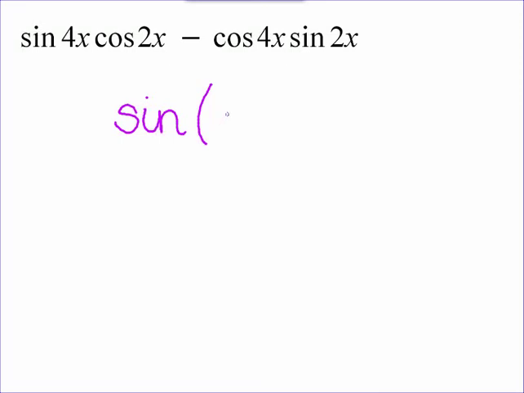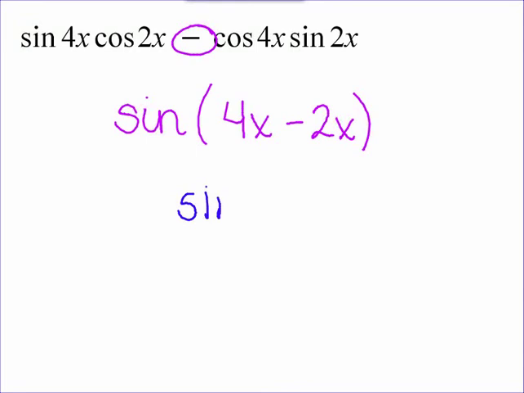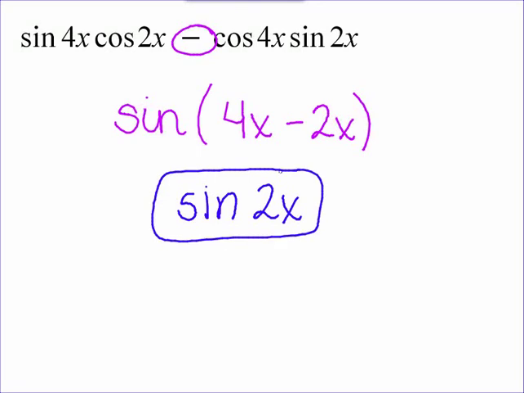I've got my parentheses. I'm going to put in there 4x and 2x. And what am I going to do with the 4x and the 2x? Subtract, because remember sine matched. So now I get sine of what? 2x. Do you know that? There you go.